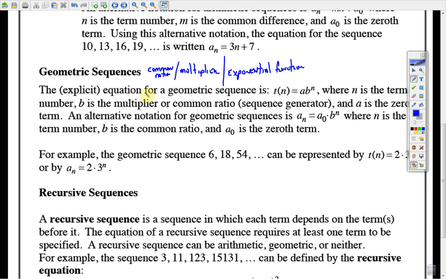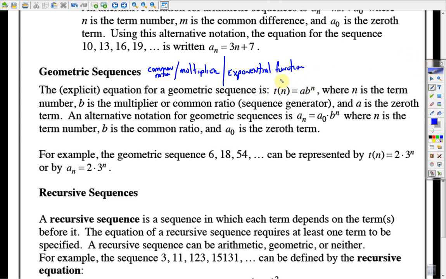The explicit equation for a geometric sequence is t of n equals ab to the n. Again, this should look very similar to our general form of an exponential equation, which is y equals ab to the x, where n is the term number, b is the multiplier or common ratio, and a is the 0th term or the starting value.